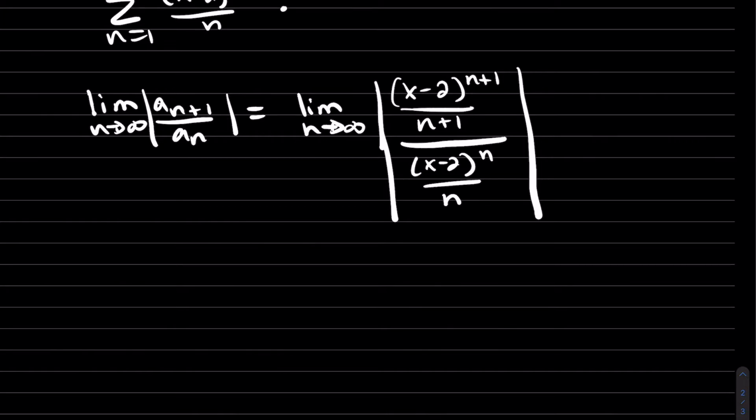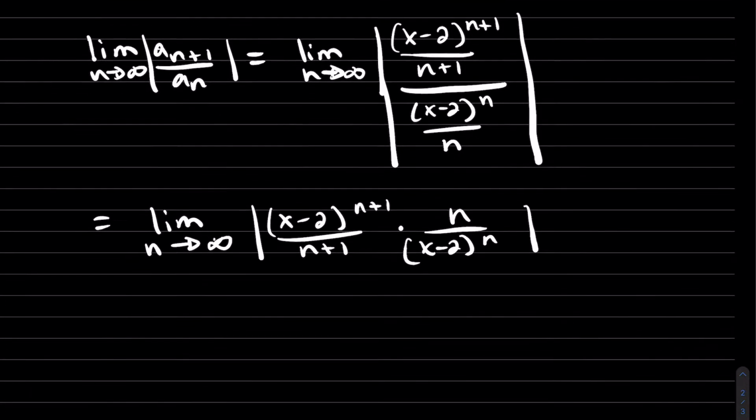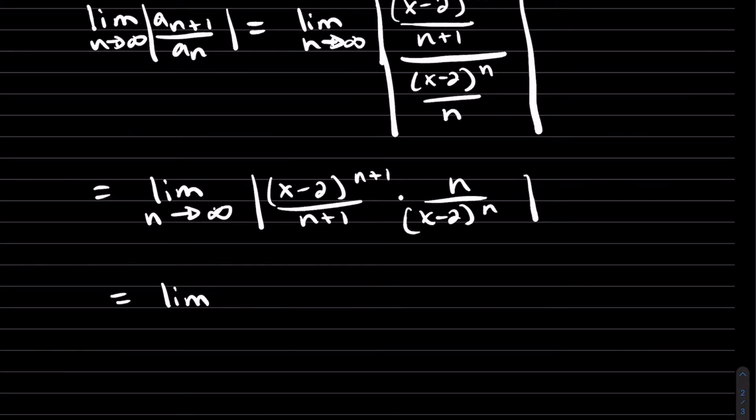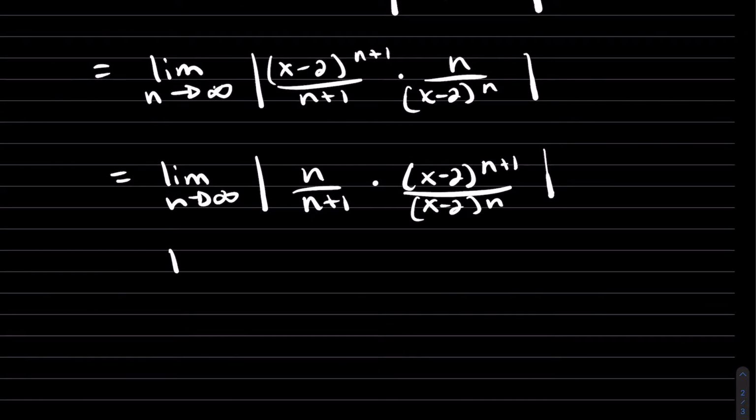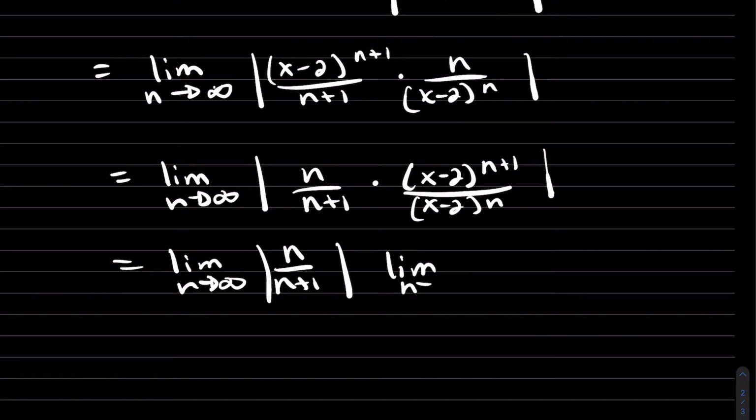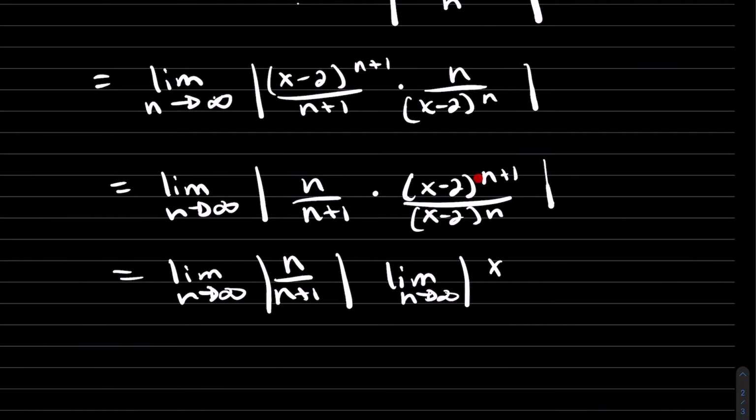Okay, so we can just flip and multiply that. In the future, just skip that step anyways. And let's rearrange. We can distribute that limit. Oh, and these have the same base, so we can subtract those exponents.